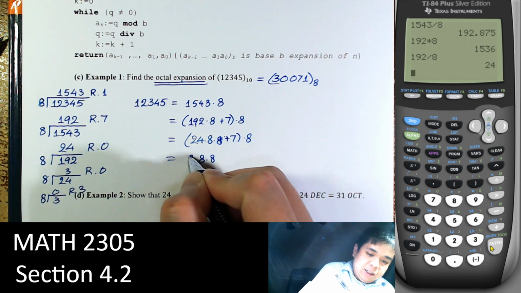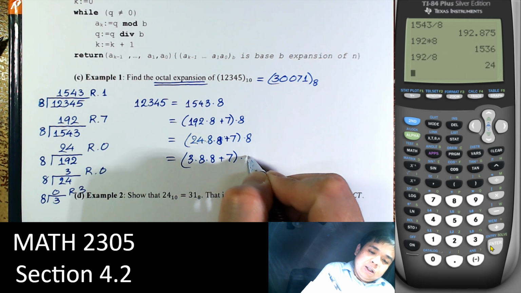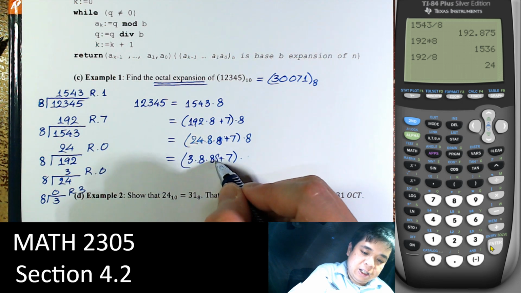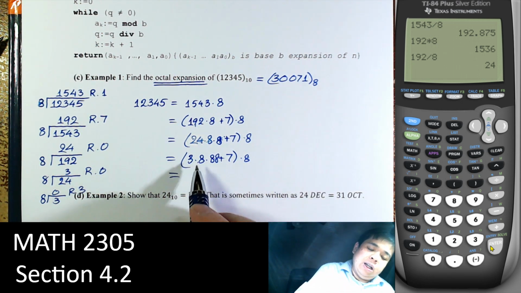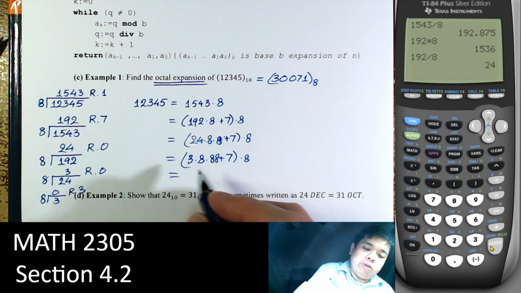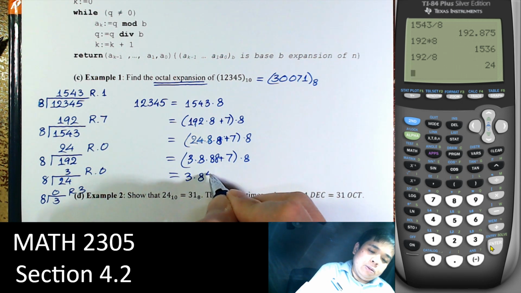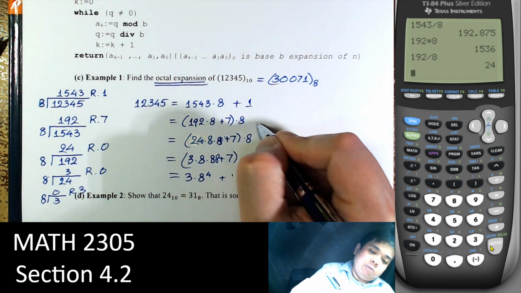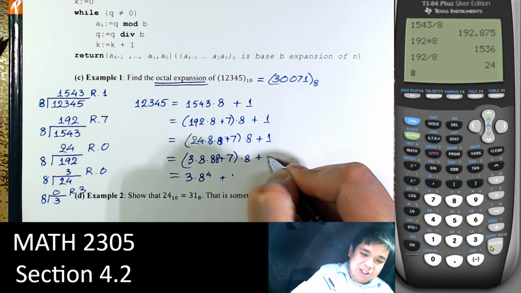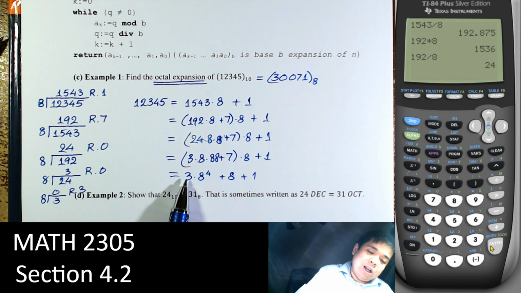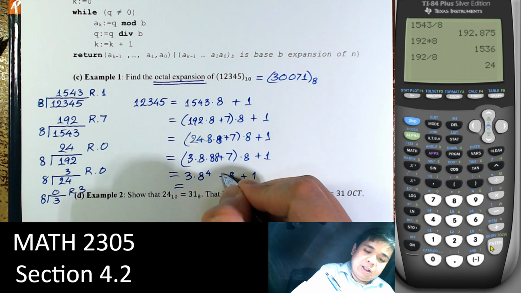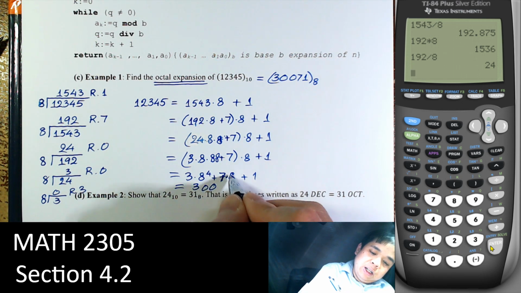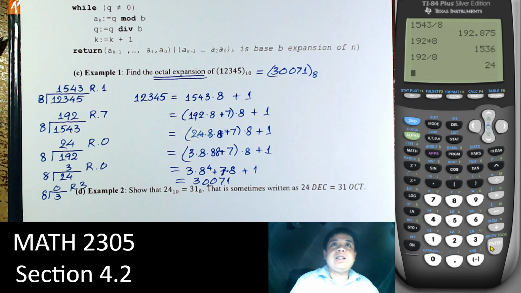So we multiply that 3 by 8 to the 4th, plus the remainders. Sorry, I forgot the remainder of 1 on the outside. There's 3, 0, 0, 7, 1. Right, so that's how we write that.